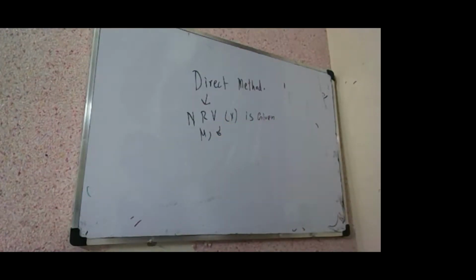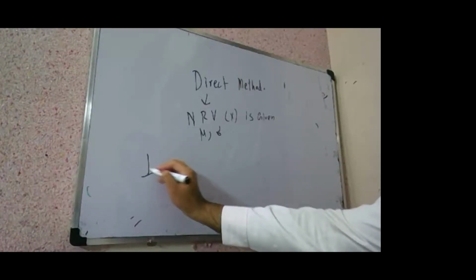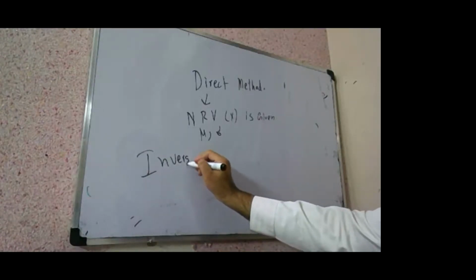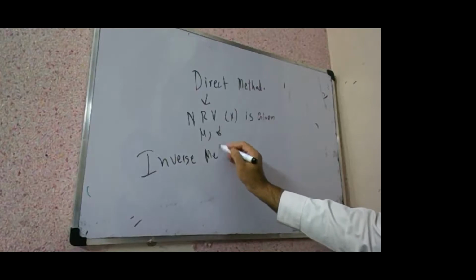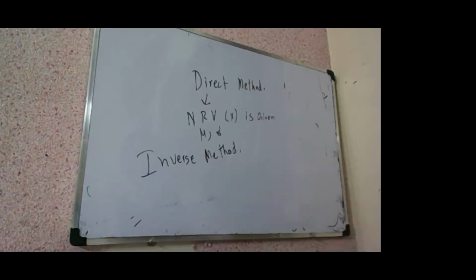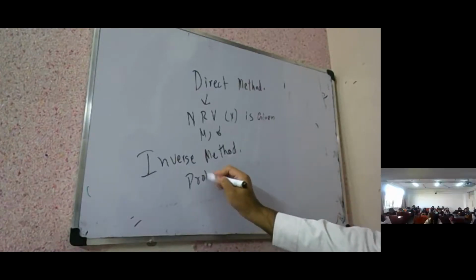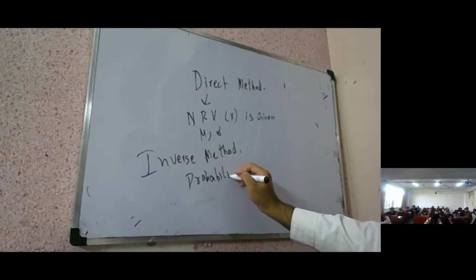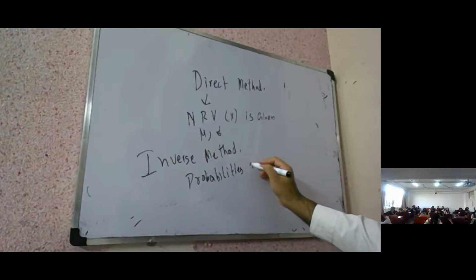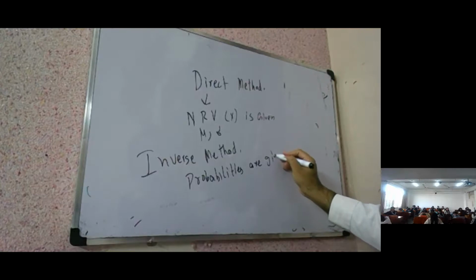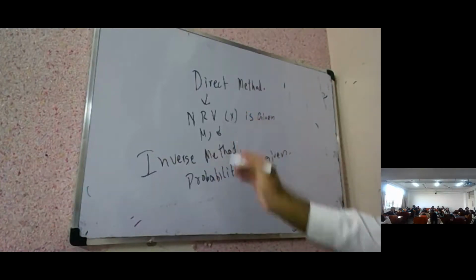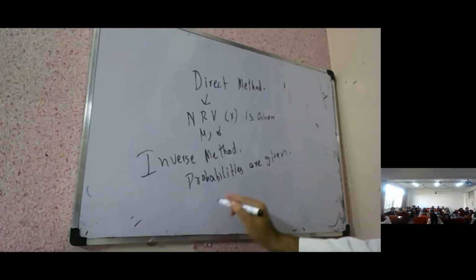That's the direct. In inverse method, the probabilities are given, and one of them is not given, and you have to find it out.